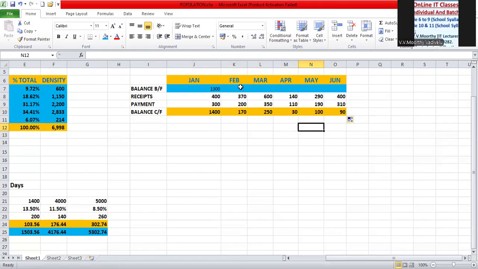Then for February, bring the January total here. Keep the cursor here, equal, then 1400, enter. So likewise, you can copy this one. It's coming like this.